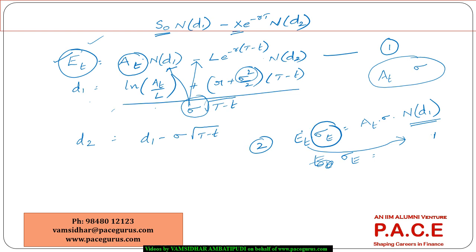So now we have two equations between E_T and the two unknowns A_T and sigma. Using some kind of optimization technique, I should be able to arrive at the computed values of A_T and sigma, and once I know those values I can put them into the original formula, which helps me assess the probability of default.